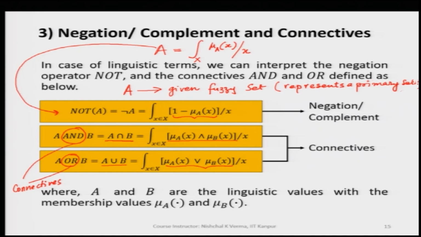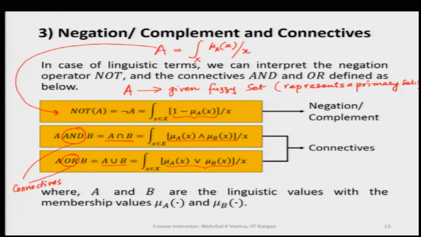So, this way the negation, complement and connectives can be managed, and it is quite interesting to note here that any primary fuzzy set, any primary linguistic value, when we say linguistic value, is nothing but a fuzzy set. A linguistic value is represented by a primary fuzzy set.